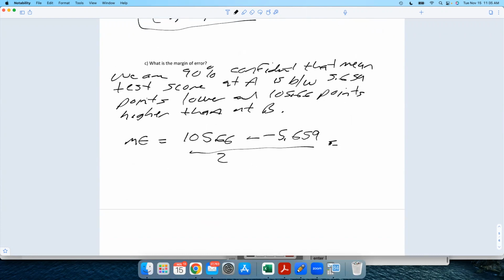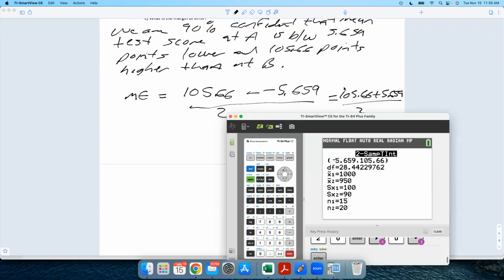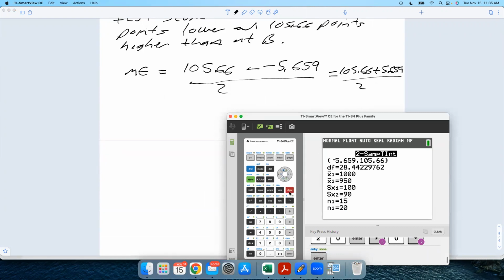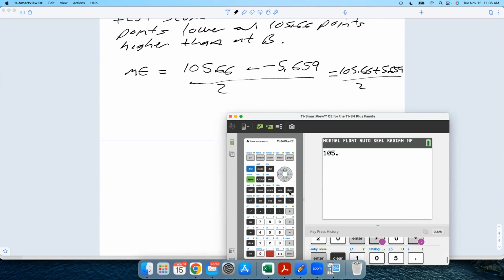So that's going to be 105.66 plus 5.659 over 2. Do the top, hit enter, then divide by 2.